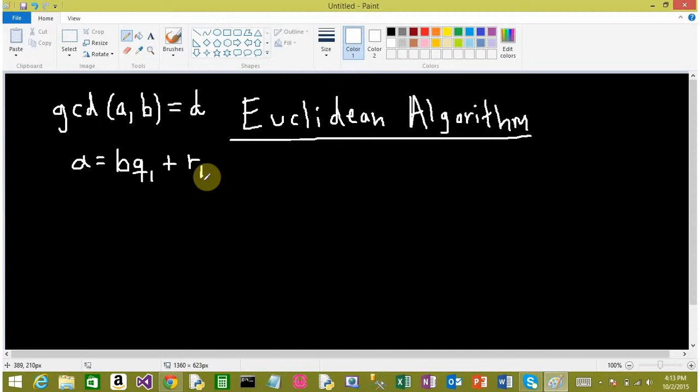If we repeat this process again, B becomes our dividend and R1 becomes the divisor. We get a new quotient Q2 plus another remainder R2.